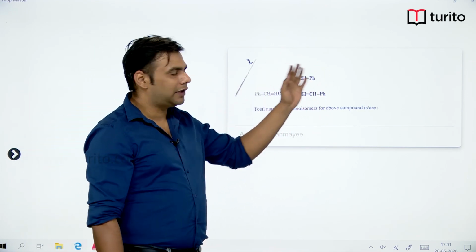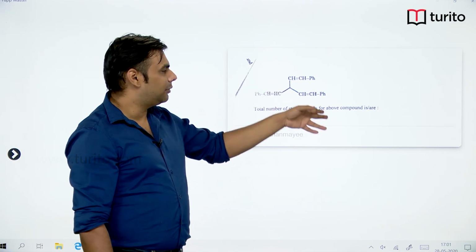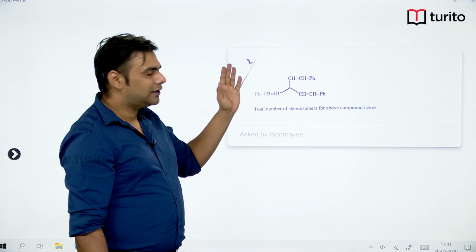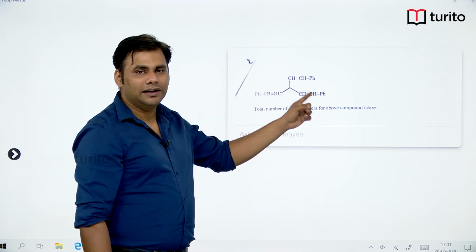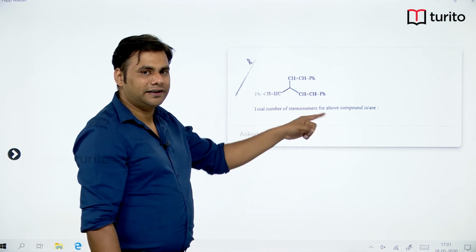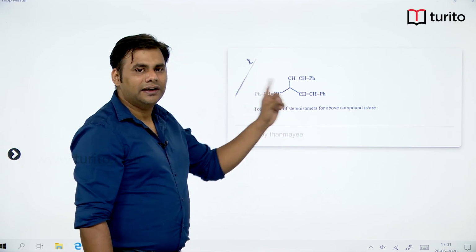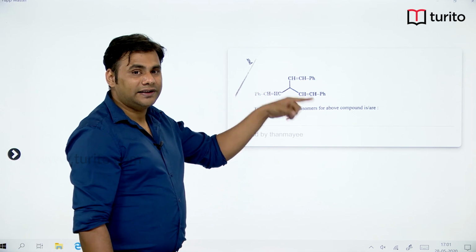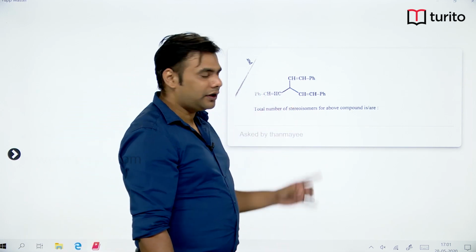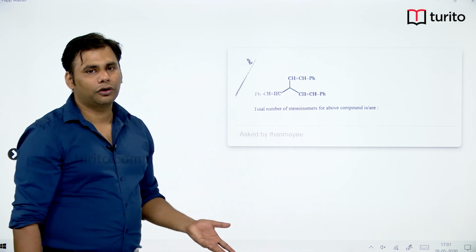There are 3 double bonds, so a maximum of 8 isomers is possible. You have to write all the cases: EEE, EEZ, ZEE, EZE, ZZZ, ZZE, ZEZ and EZZ. Out of those you have to take out the common cases, and you can find the number of isomers.